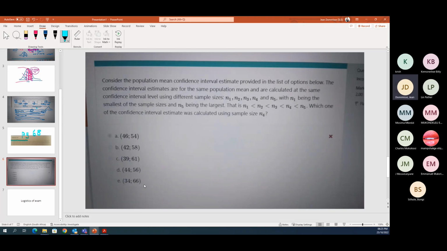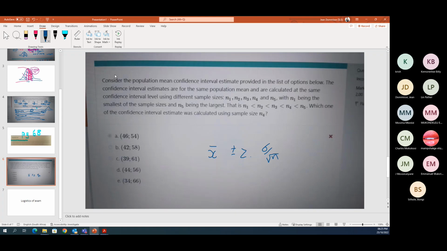So let's read the question, and let us also write down the formula when we look at a confidence interval.